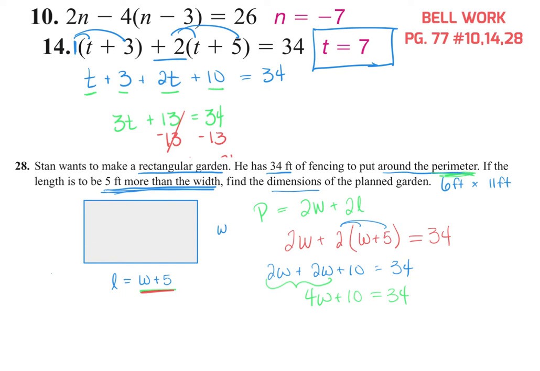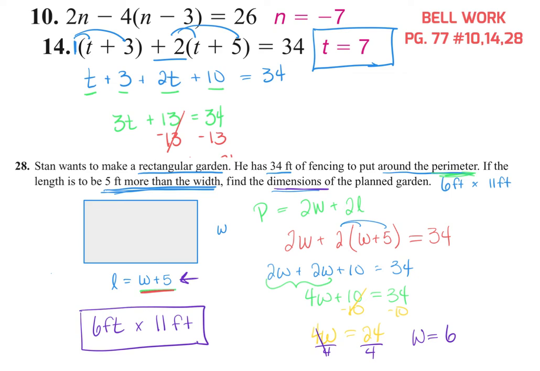I'm going to subtract that 10 over. 4w equals 24. And then my last step to solve this piece is to divide. W equals 6. What have I solved for? The width. So my width is 6 feet, but I am not done. They want both dimensions, which means to find the length, I have to add 5 to it.